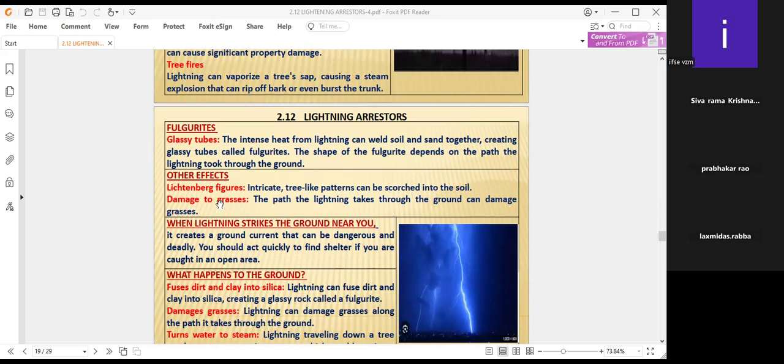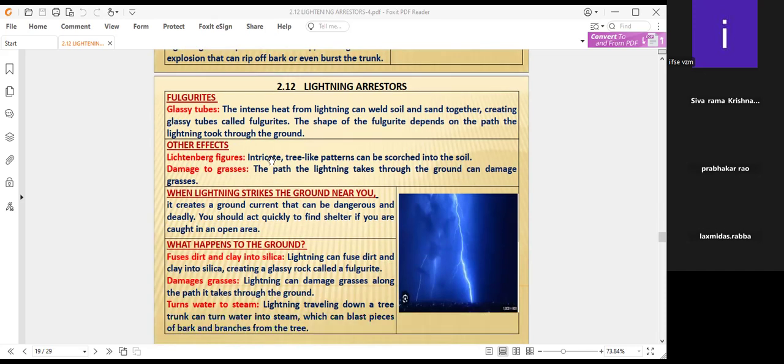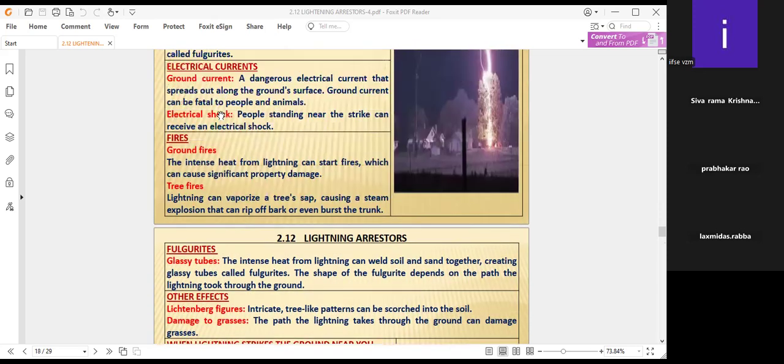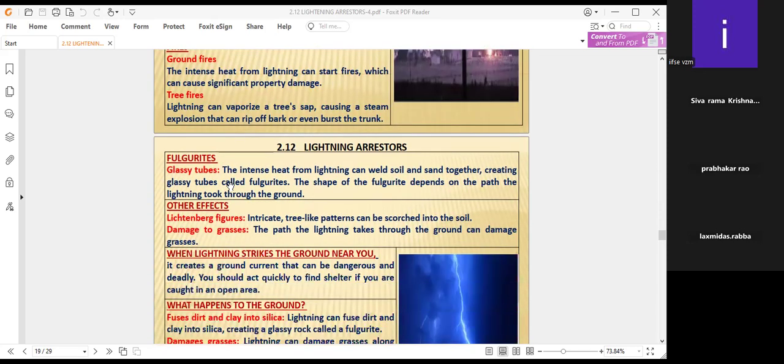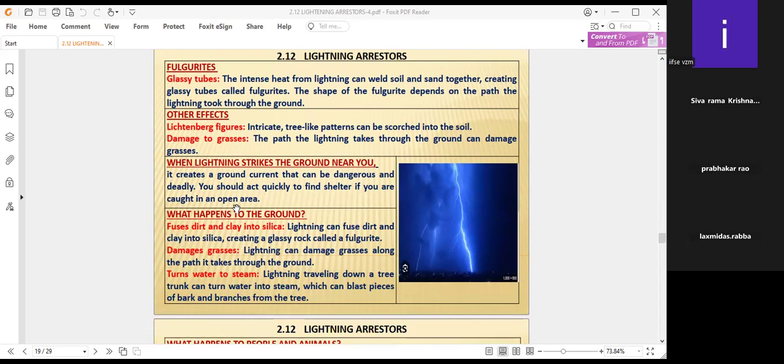The path lightning takes through the ground can damage the grass also. It's not that much of a loss, but there are some effects other than these. These are the things to be taken care of, so that there is no human loss or animal loss, and property damage also does not happen.